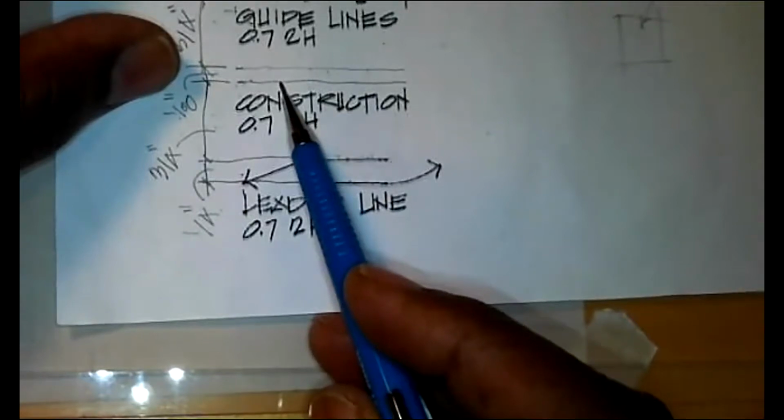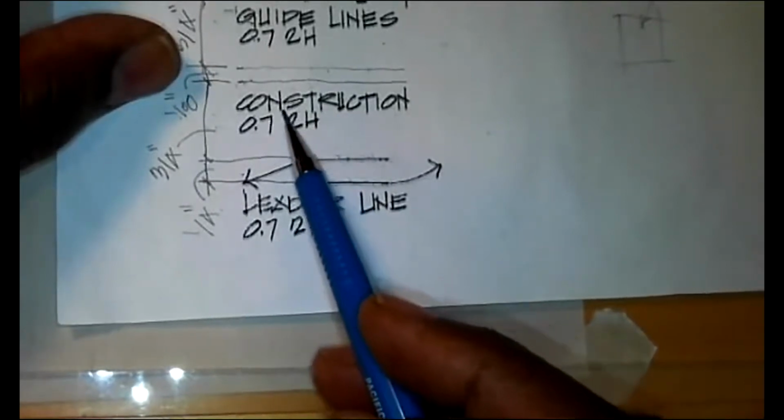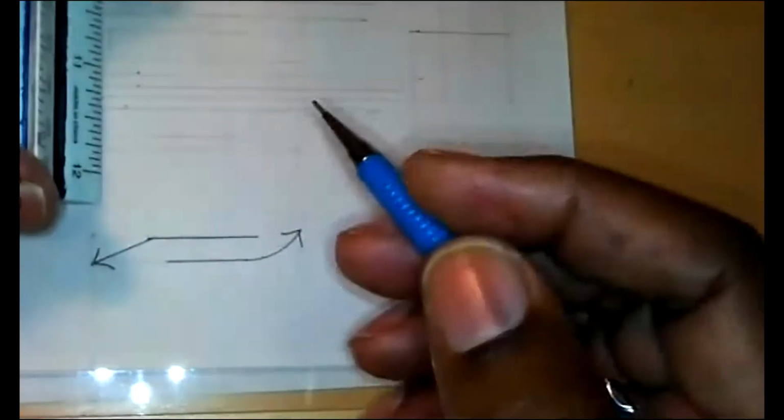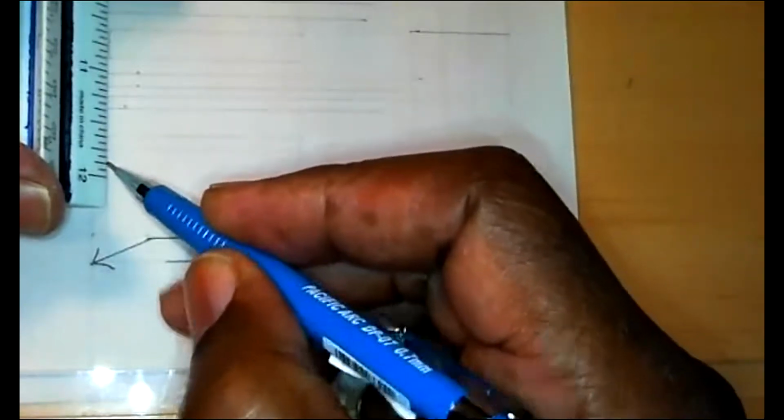This construction line is going to be the same scenario. Bottom of this construction line, 1/8 of an inch space, 1/8 of an inch text, 1/16 space, 1/8 of an inch. So here we go at the bottom here. 1/8 space, 1/8 text.